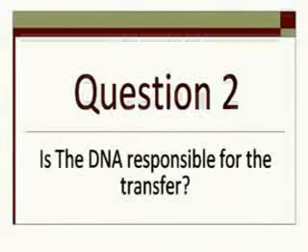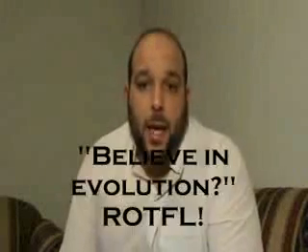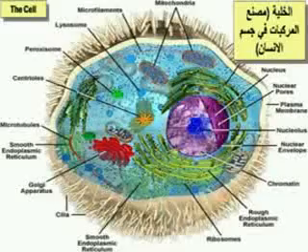Now comes the second question. Is the DNA responsible for the transfer? Now, so many kind of evolutionists, those who believe in evolution, they believe that the DNA is the mechanism for the transfer of design qualities of the creature from one generation to another. So let's explore this. Is the DNA really responsible for this transfer of qualities of the creature? So the question arises, how can these molecules know to arrange themselves in a hand or a head?